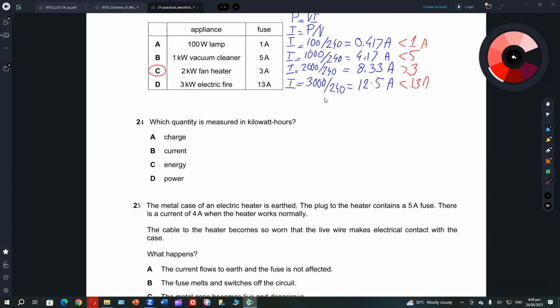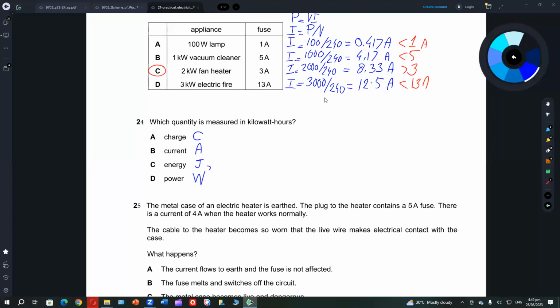Which quantity is measured in kilowatt hour? Charge is measured in coulomb, current is measured in ampere, energy is measured in joule, power is measured in watt.